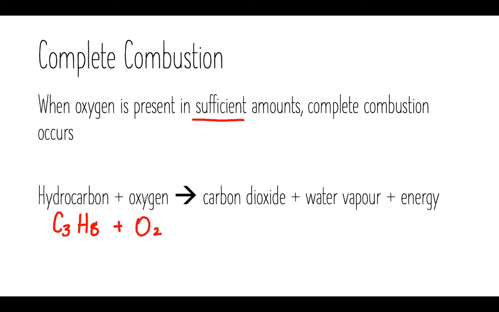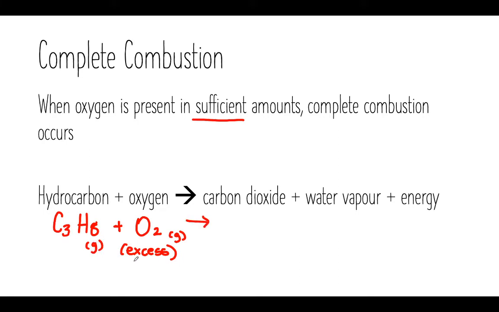Now, there are two different scenarios. Again, in complete combustion, there is sufficient amounts of oxygen. So I'm going to express that by writing excess underneath the oxygen. And this is oxygen gas, and this hydrocarbon is gaseous as well.